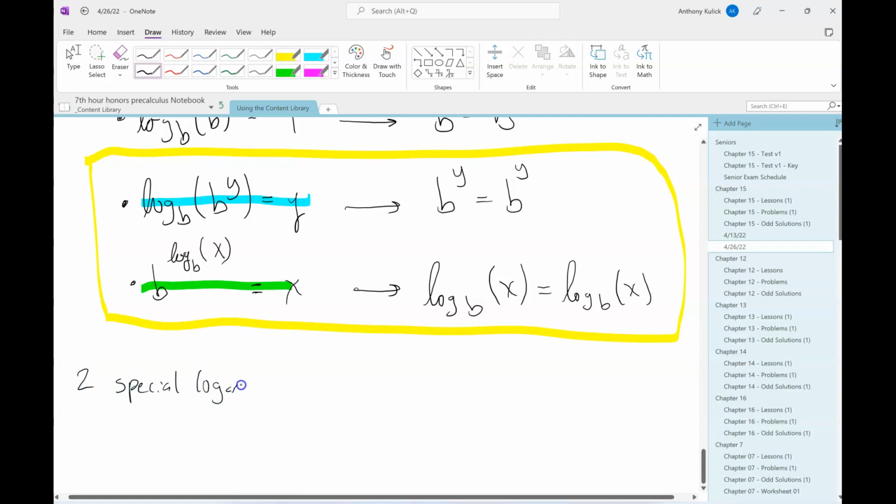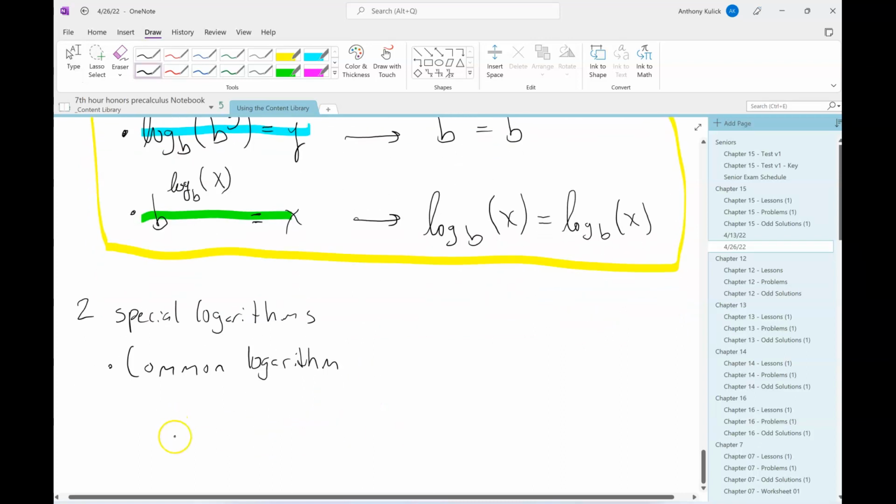So there are two special kinds of logarithms. The first one is called the common logarithm. The common logarithm is log base 10, but we don't write it as log base 10 because why would we? We're going to write it as log with no subscript written at all.